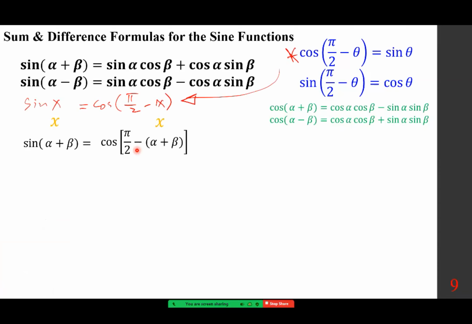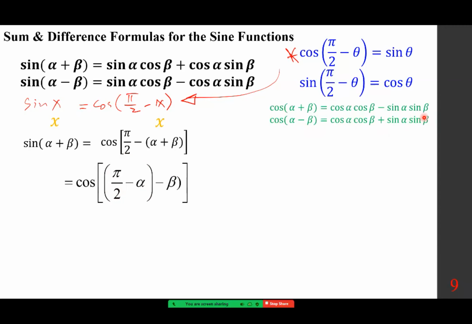Now we're going to expand the right side. How do we expand it? We write it in this fashion, pi over 2 minus alpha minus beta. We rewrite it in this fashion. And now cosine of this minus that. In other words, now we are going to use this identity, cosine of alpha minus beta. Think about this whole thing as one angle, minus beta.